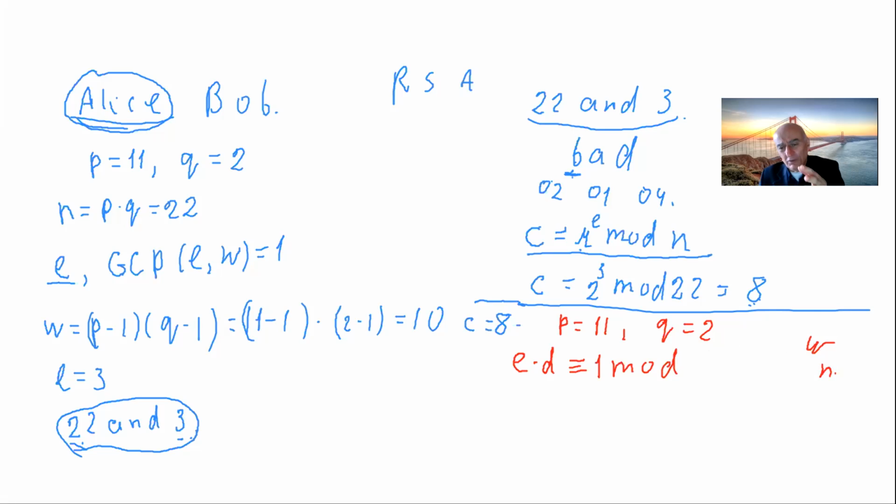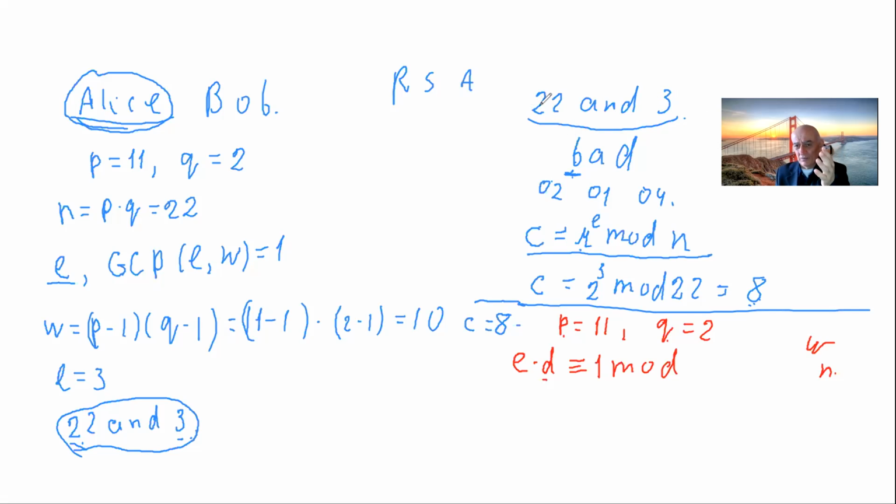So what am I looking for? I'm looking for the number D. Only one person in the world, Alice, knows P and Q. Everyone can find this public key, 22 and 3.